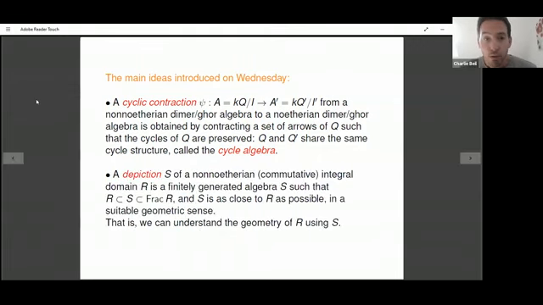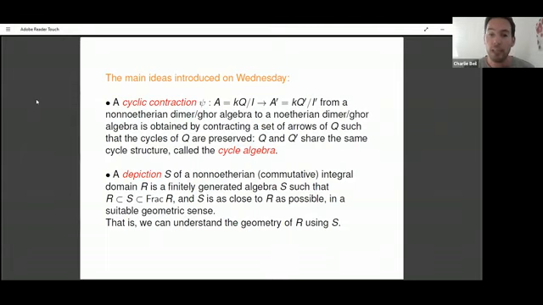The other notion that we talked about was that of a depiction. A depiction S of a non-Noetherian commutative integral domain R is a finitely generated algebra S such that S sits between R and the fraction field of R. So S is as close to R as possible in a suitable geometric sense.